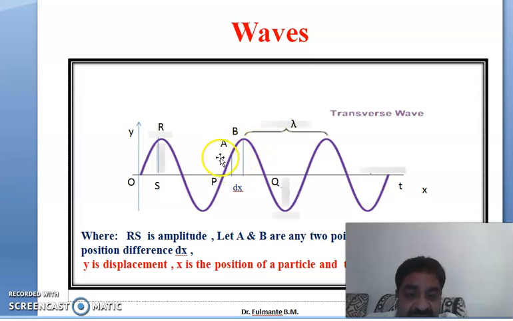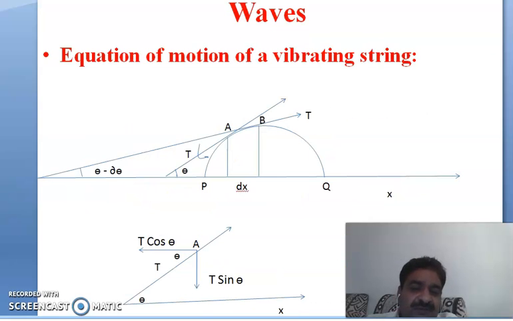Here this small distance, segment AB, is shown magnified in this figure to understand the tension at A and the tension at B. I have drawn just a big figure for you. But remember, A and B are very close, a very small distance dx between them.